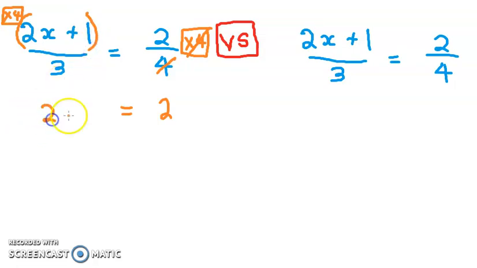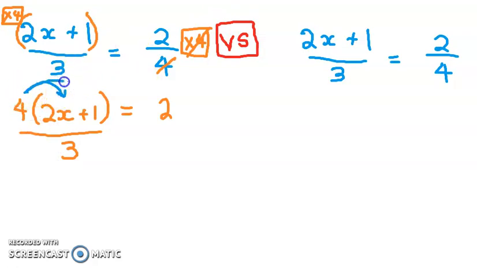So I'm going to rewrite that again: 2x plus 1 in a bracket, with a 4 in front. That number needs to communicate with this and with this. A common error is to just take 4 times 2x and forget to multiply this as well.